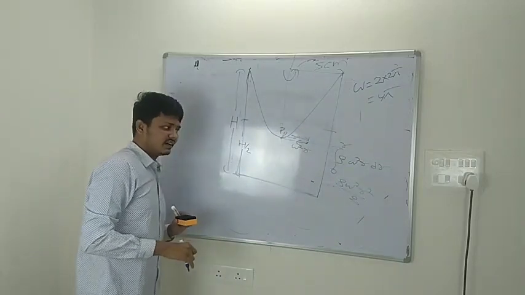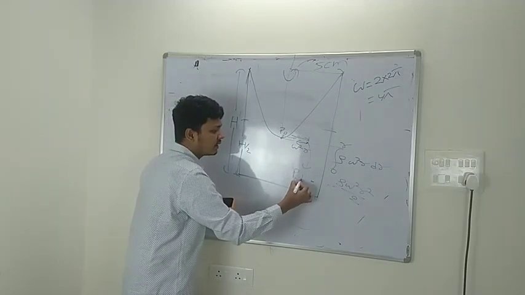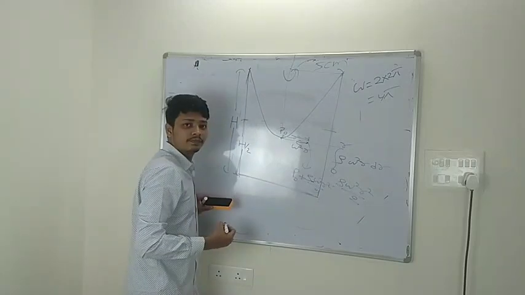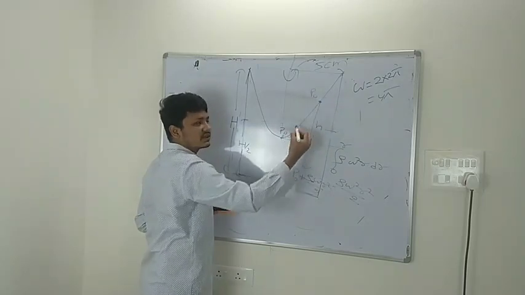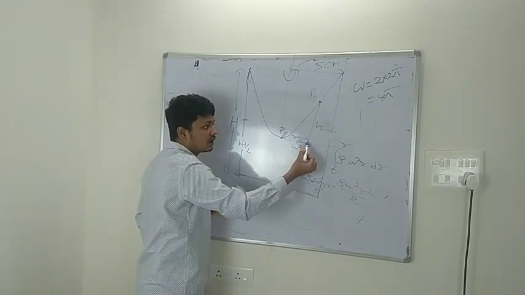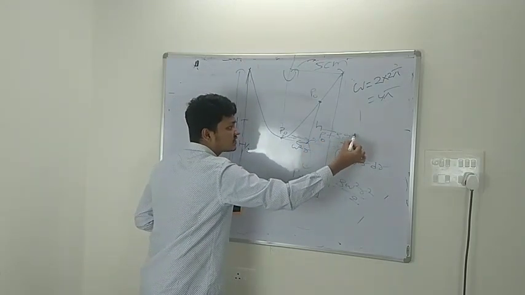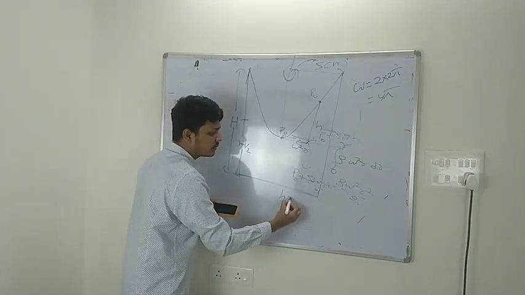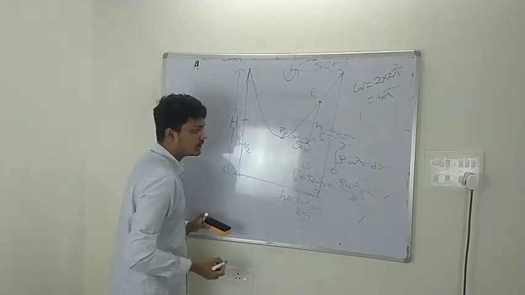So pressure here becomes P naught plus rho omega square r square by 2. From the other side, if this height is h and pressure at the surface is atmospheric, going downward pressure becomes P naught plus rho g h. These two must be equal, so h is equal to omega square r square by 2g.